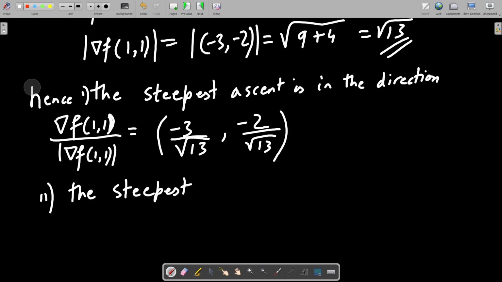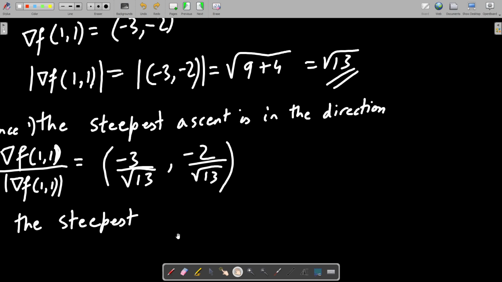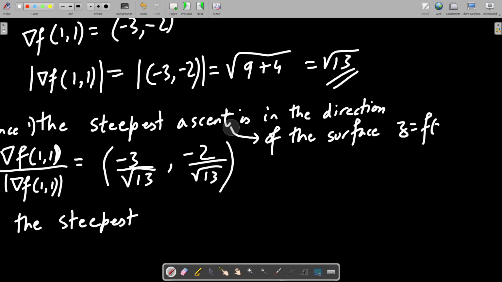Just to mention what I'm talking about, this is the steepest ascent of the surface z = f(x, y), where f(x, y) is the function above.